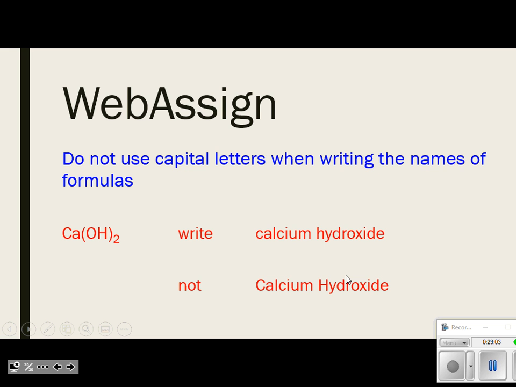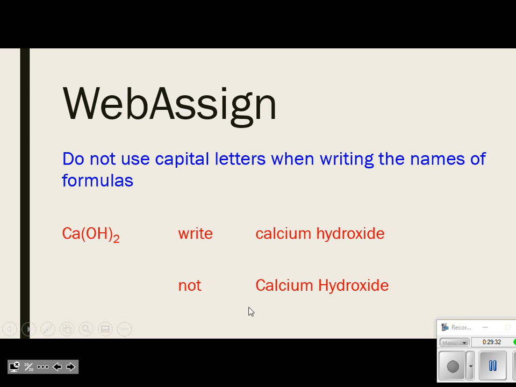Something else about WebAssign. Do not use capital letters when writing the names of formulas. That was a nice choppy sentence, huh? Do not use capital letters.